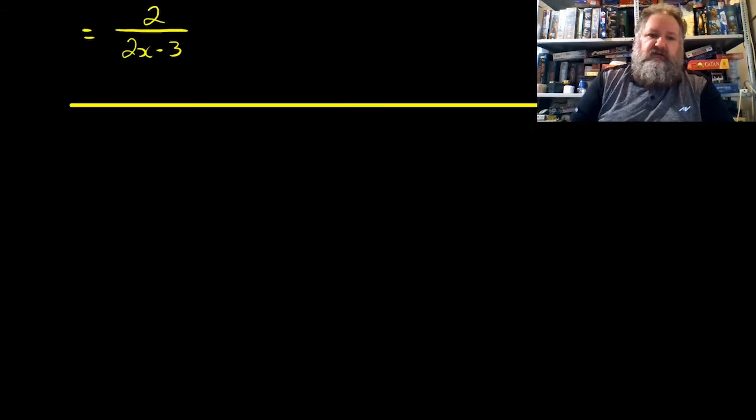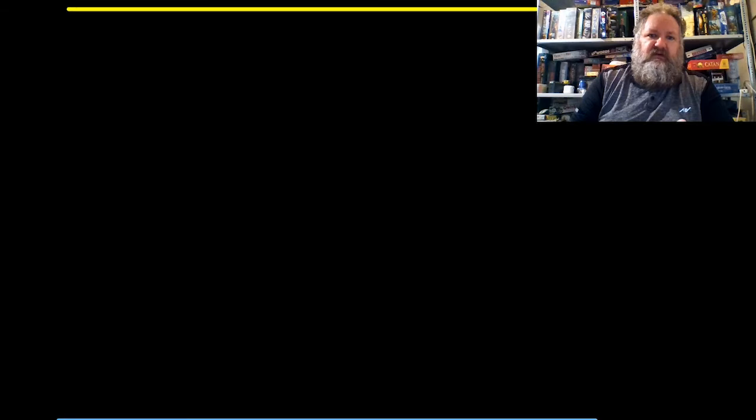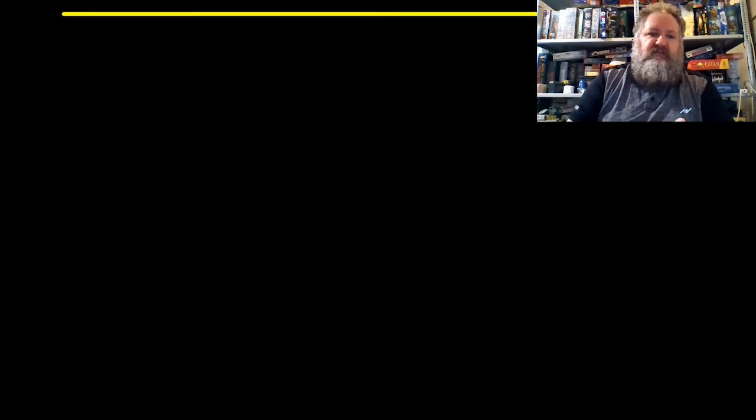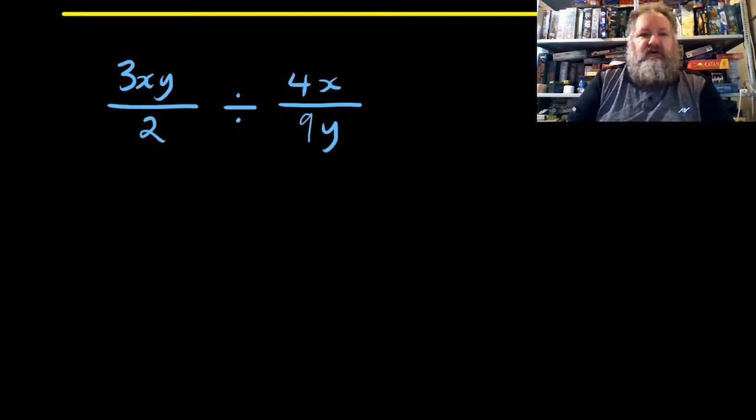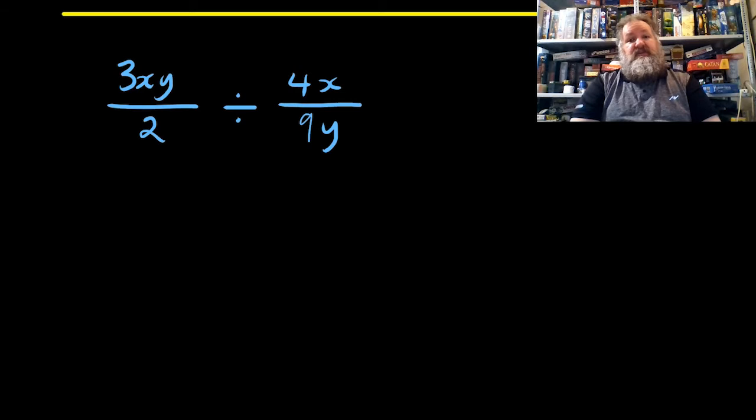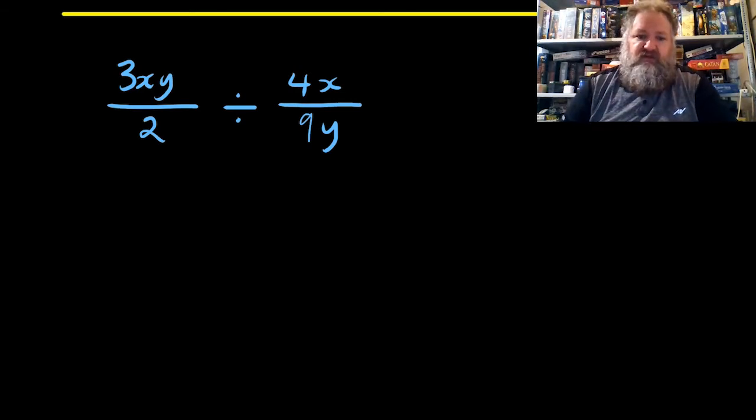Let's have a look and a talk about division as it relates to these algebraic fractions. Here I've got 3xy over 2 divided by 4x over 9y. Now it's important to remember that division is the reciprocal operator to multiplication. So if we're doing multiplication with a fraction, you multiply by the numerator and divide by the denominator. Well, the division sign means you do things in the opposite order.